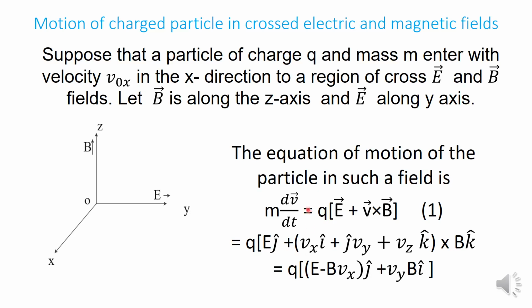Therefore, we have the equation m dv/dt is equal to q into (E minus B vx) j plus vy B i.